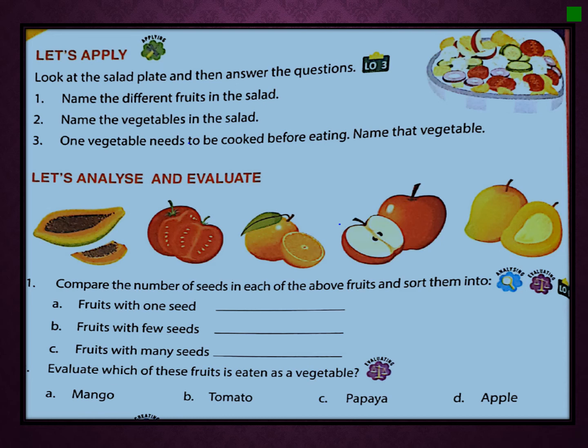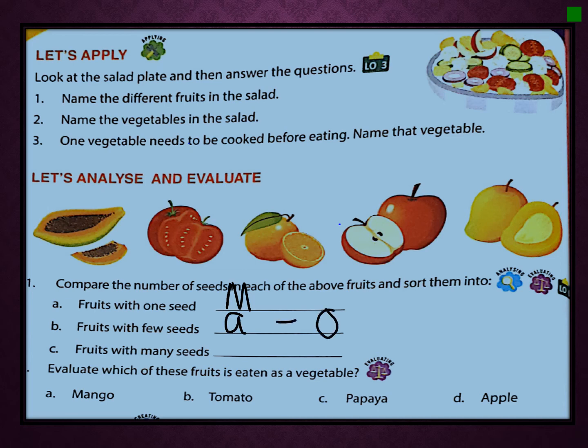Let's analyze and evaluate. Compare the number of seeds in each of the above fruits and sort them into fruits with one seed. So fruits with one seed here will be mango. Fruits with few seeds can be apple and orange. You can write the whole word.